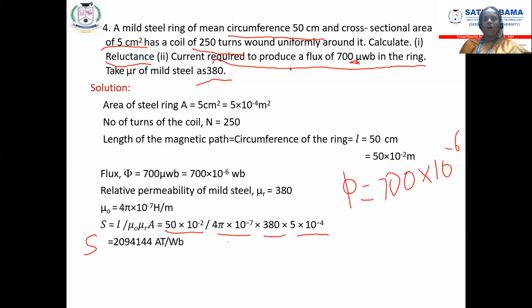We all know the formula relating reluctance, flux, and MMF. What is the formula? Ohm's law of magnetic circuits.